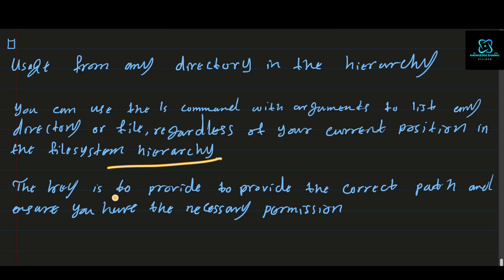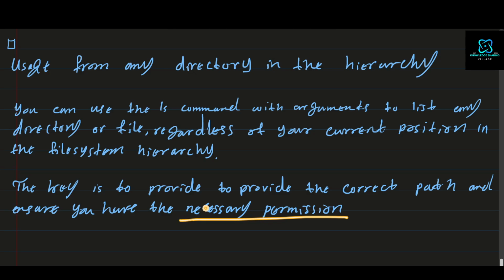The key is to provide the correct paths and to ensure that you have the necessary permission. So it doesn't matter where you are in the file system, you can provide an argument and list the content of your desired directory or file, as long as you provide the correct path and you have the right permission.